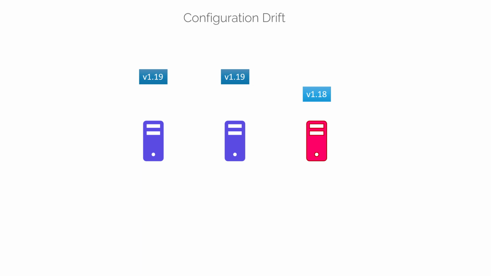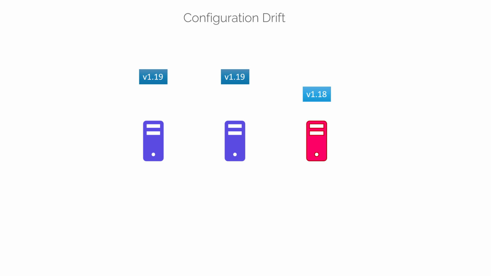For example, after a few update windows, our 3 web servers could look like this. Web server 1 and 2 have Nginx version of 1.19 and web server 3 has a version of 1.18. And all 3 web servers may also be running slightly different versions of operating system on them.